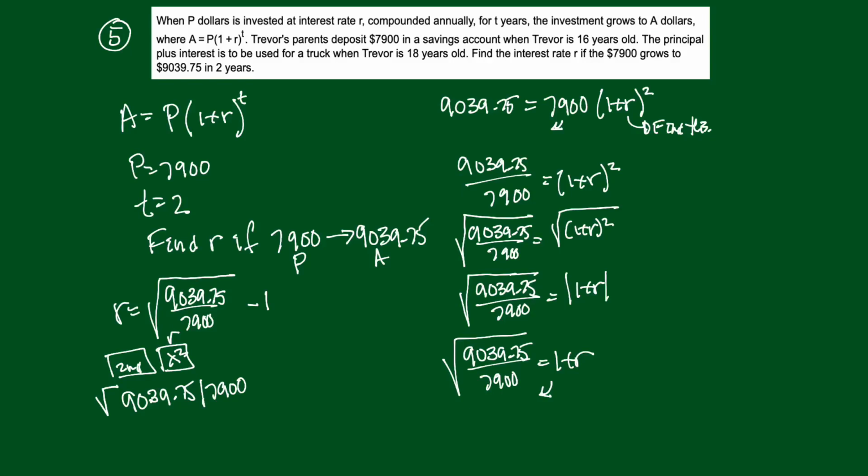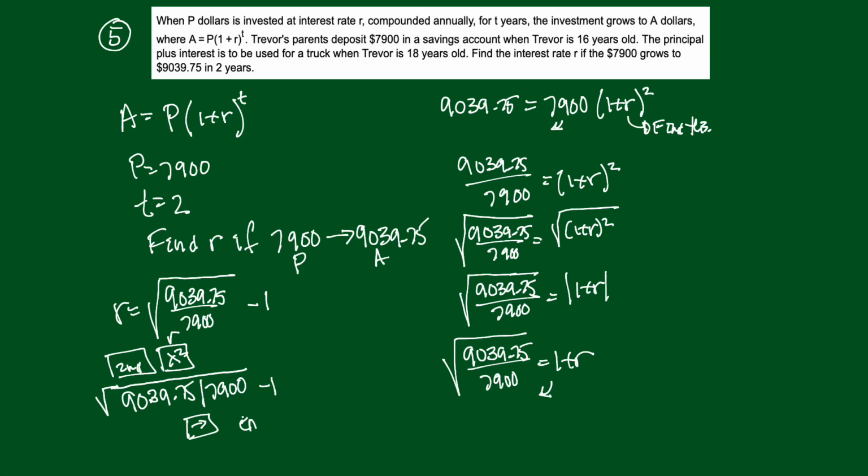And on my TI calculator, as I put that in, this radical goes all the way to the end. Now I have to get that radical off, so press the right arrow button. That'll get me out of there. And then minus 1 and enter.